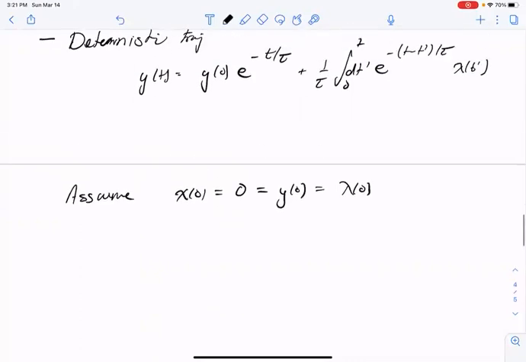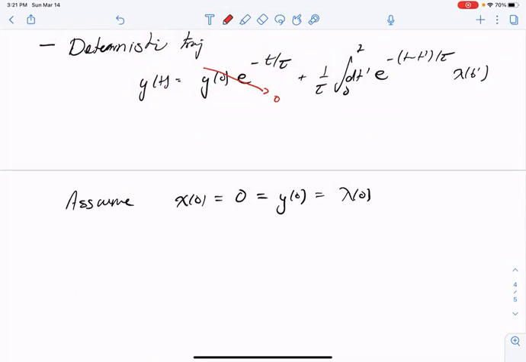If that is true, this piece goes away. And it will behoove us in a little bit to rewrite the second piece in what will look like a bit of a complicated way, but which will simplify things.